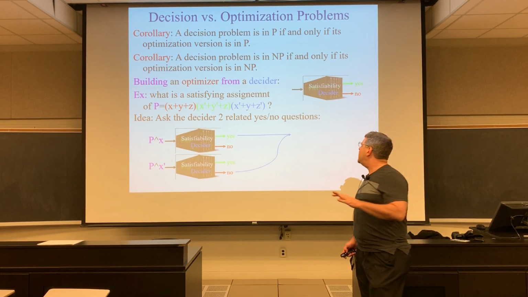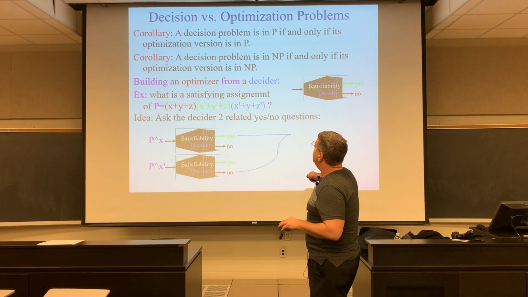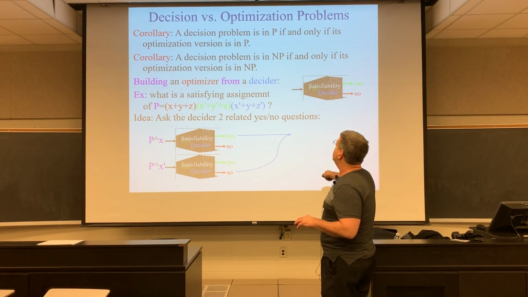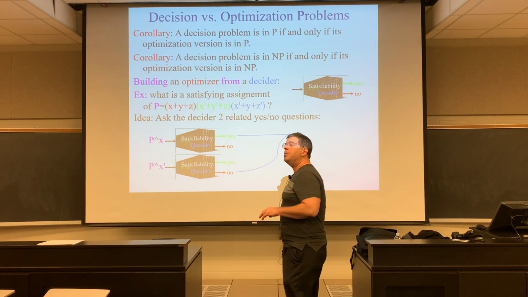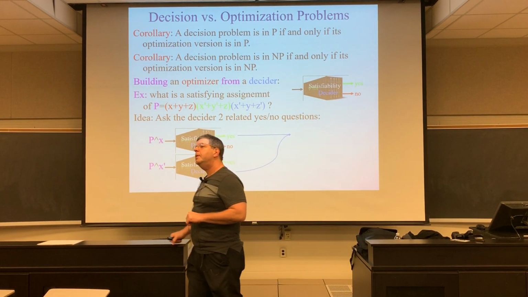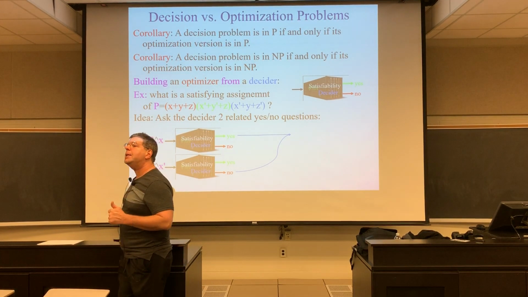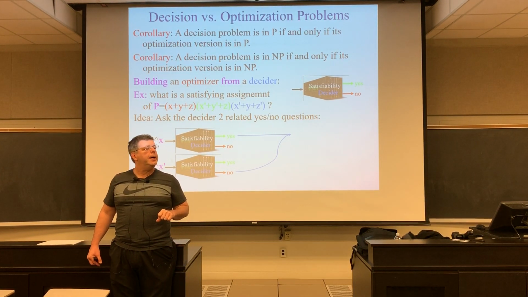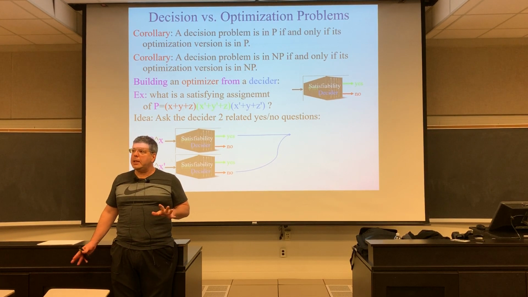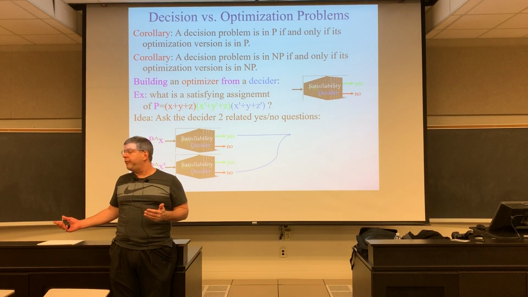Well, before we even ask that, let's see if it says no. If it says P and X is not satisfiable, so let's say P is satisfiable, but P and X is not satisfiable. What does that tell you about X in a satisfying assignment for P? Not a tough question. X has got to be false.